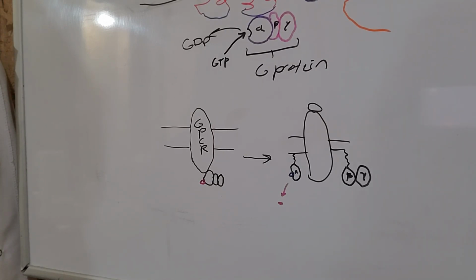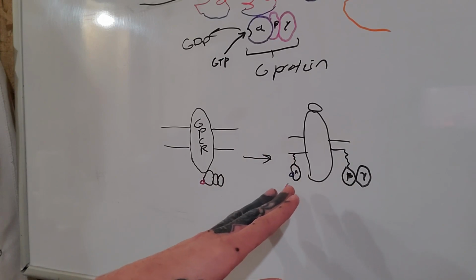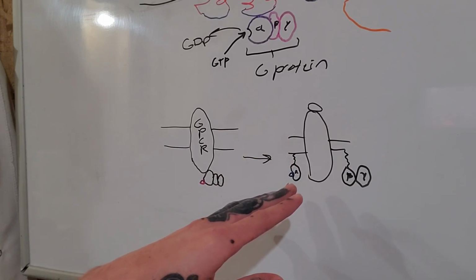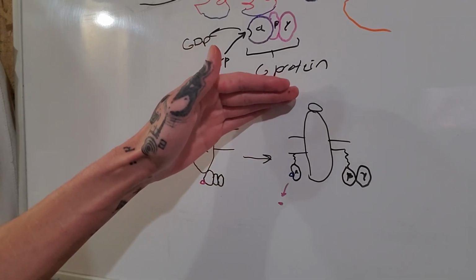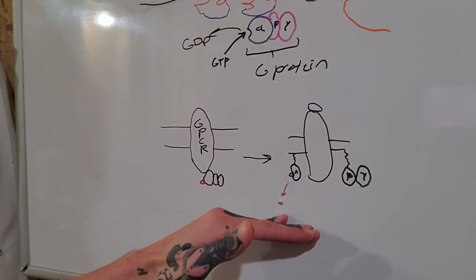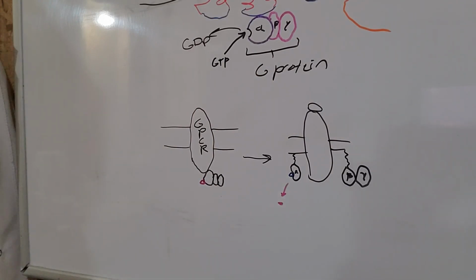The G protein is essentially a molecular switch that the GPCR activates and then goes on to propagate the extracellular signal intracellularly. And it does that through an effector. In the case of the cAMP-dependent pathway, the effector would be adenylate cyclase.